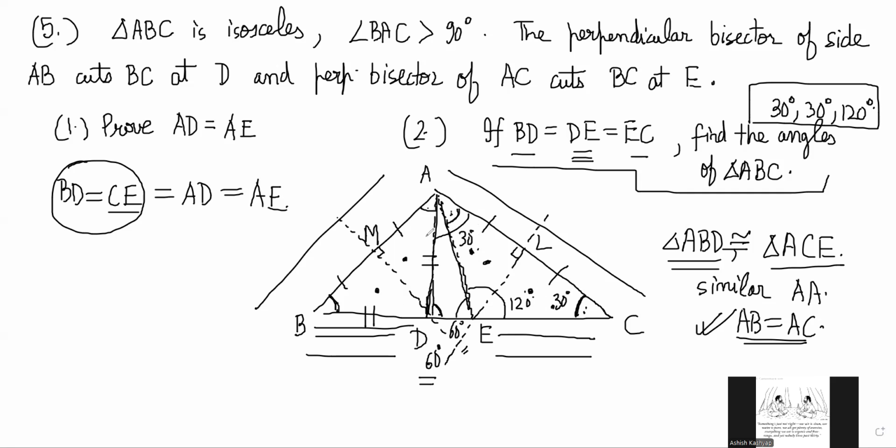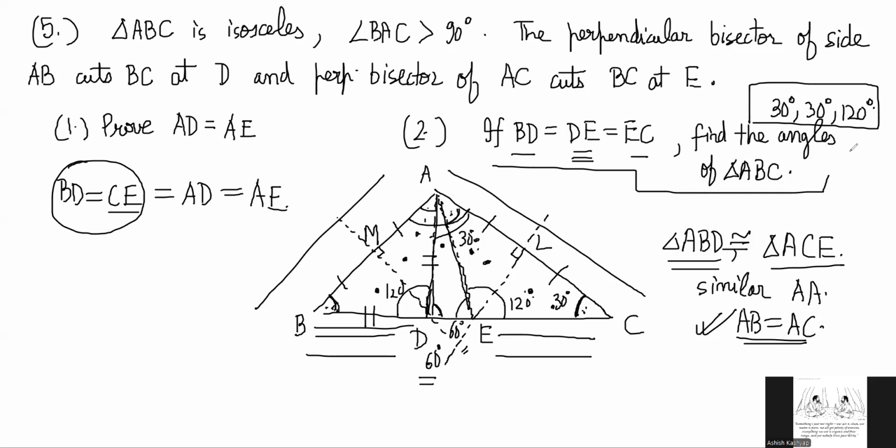Similarly here, this angle is 120, so the remaining angles are 30 and 30. The angles become 120 at the top and 30 and 30 here. Is it clear to everyone? I hope you all are getting 30, 30, 120 for the second part.